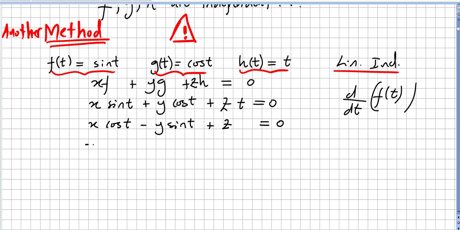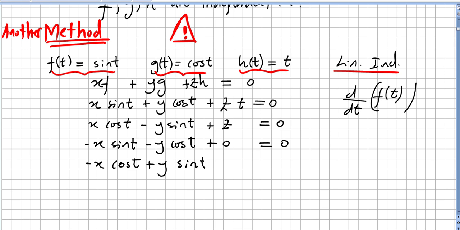So we are going to get minus x sine of t, y cosine of t, and the derivative here is 0. And you take the derivative again, so we have minus x cosine of t, the derivative here is plus, right? So sine of t equal 0.